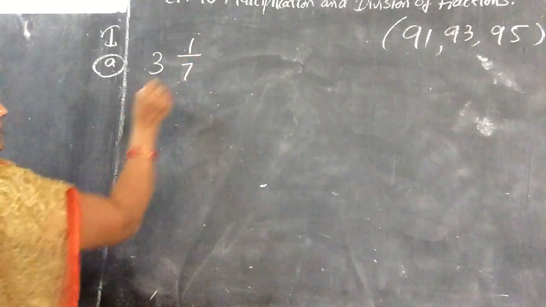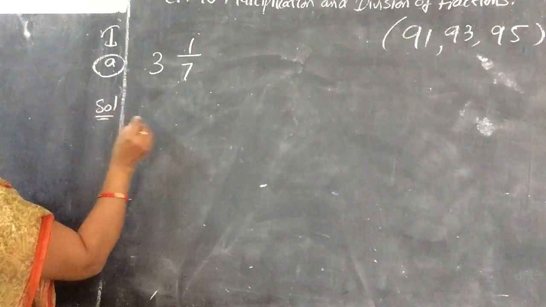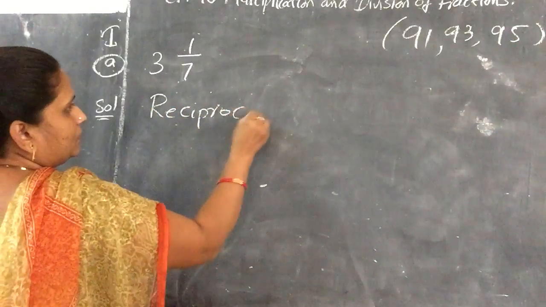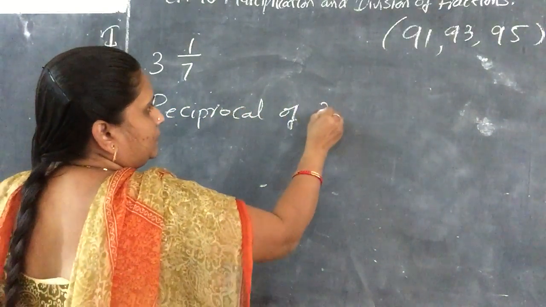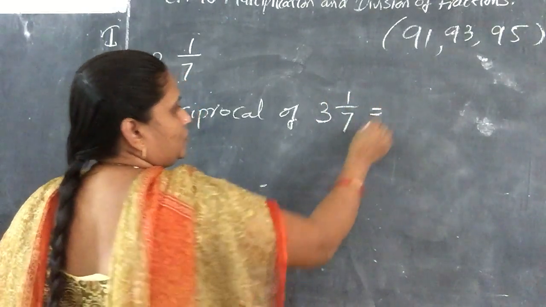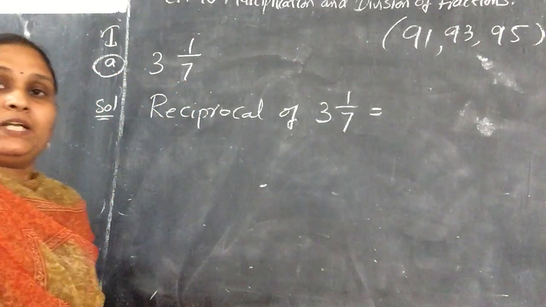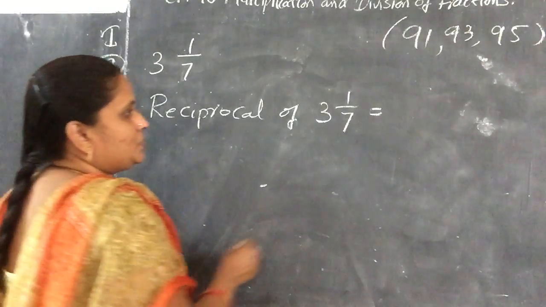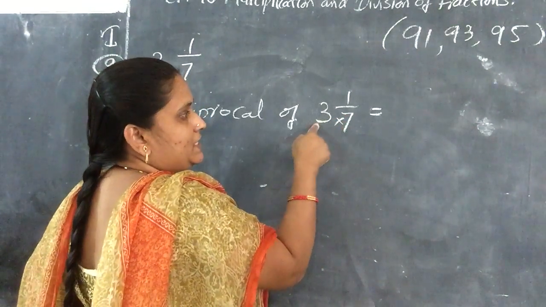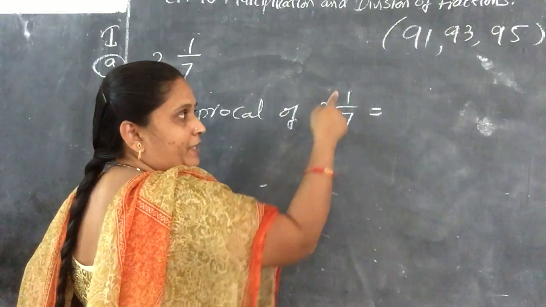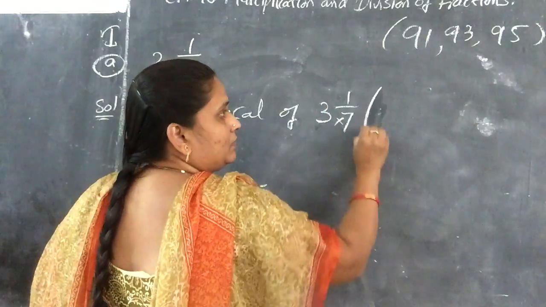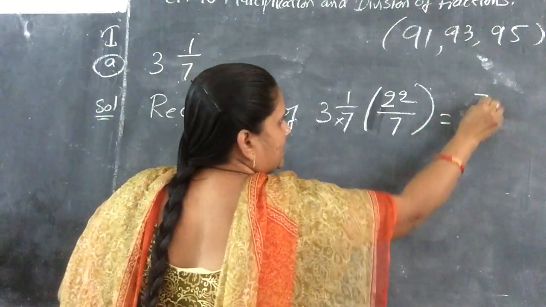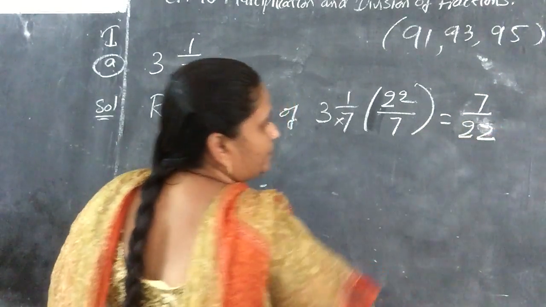What is it asking? Reciprocal of 3 1 by 7 is equal to, first convert this mixed fraction into improper fraction. 7 3s are 21, 21 plus 1 is equal to 22 by 7, and the reciprocal is 7 by 22.